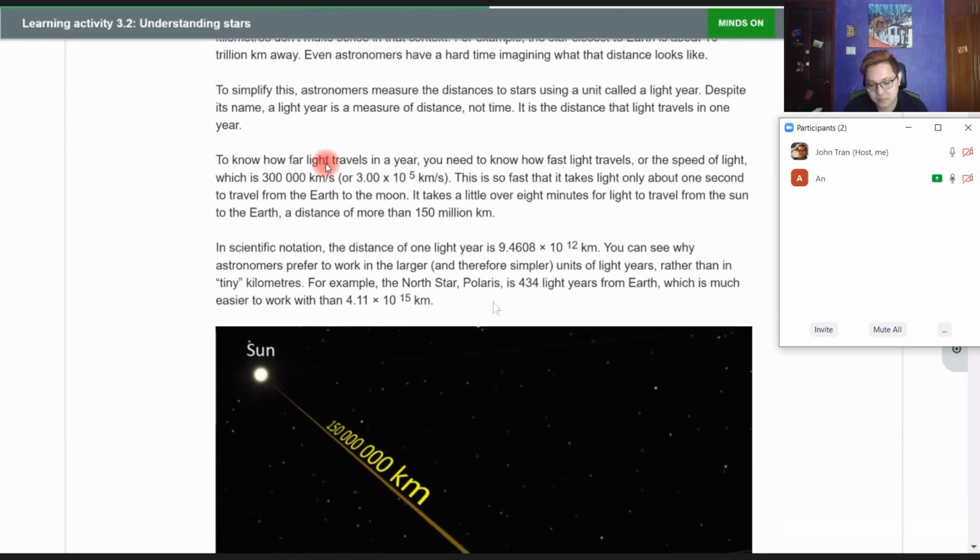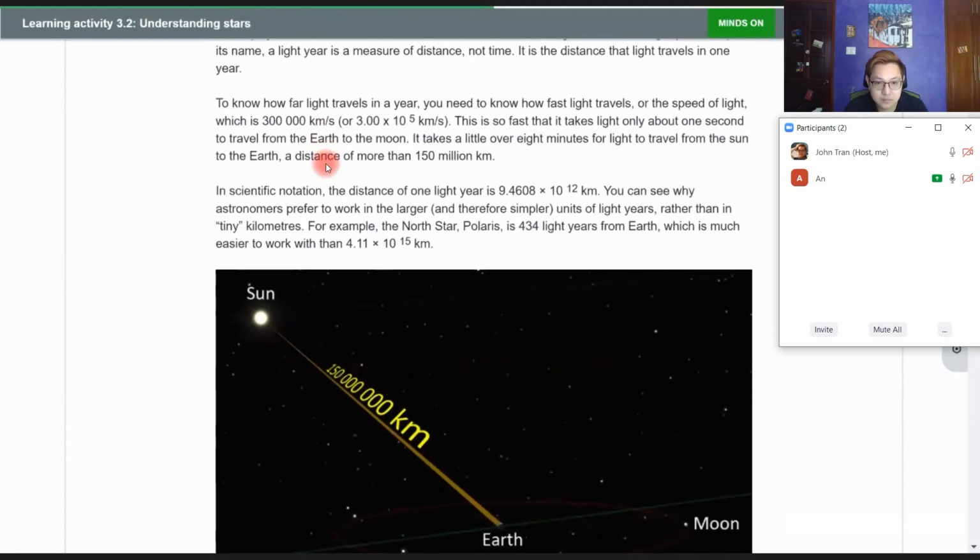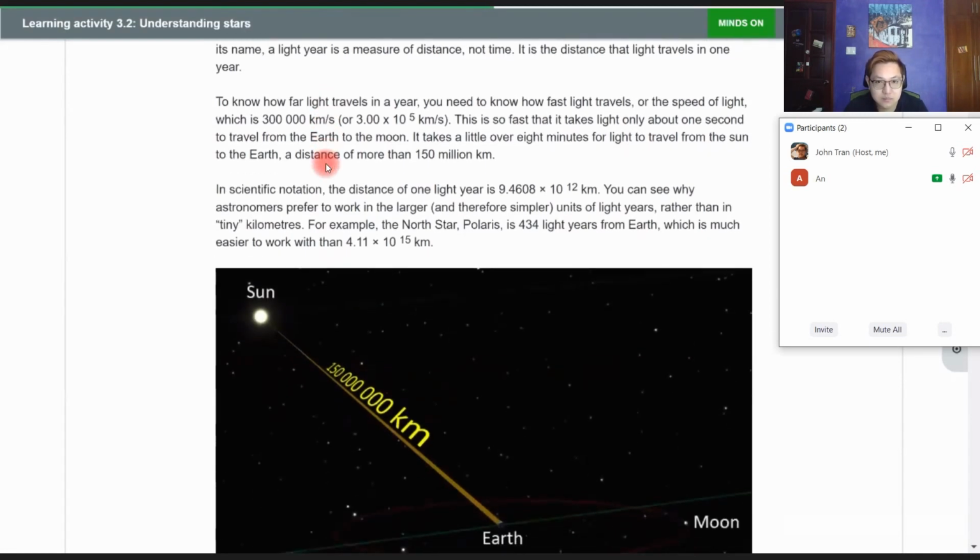You can see why astronomers prefer to work in the larger and therefore simpler unit of light years, rather than in tiny kilometers, for example. The North Star Polaris is 4.434 light years from Earth, which is much easier to work with than 4.11 times 10 to the power of 15.